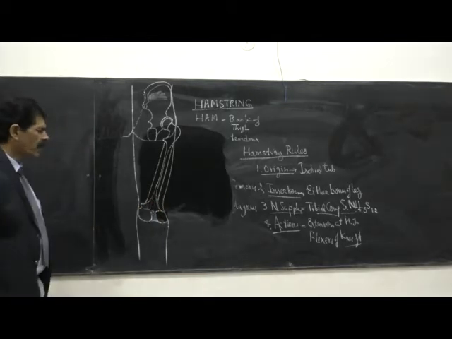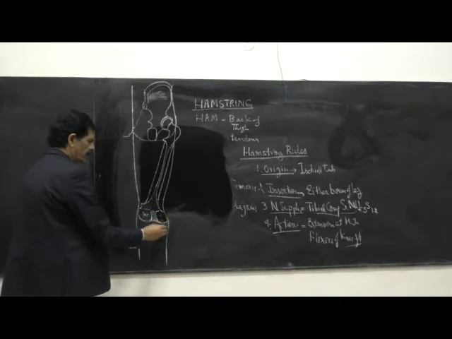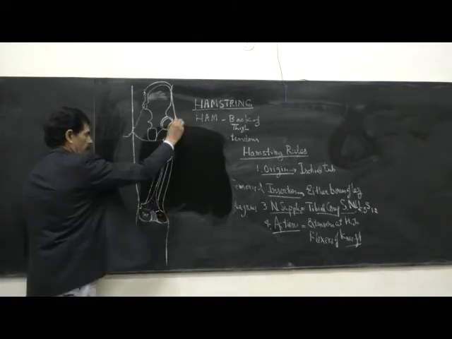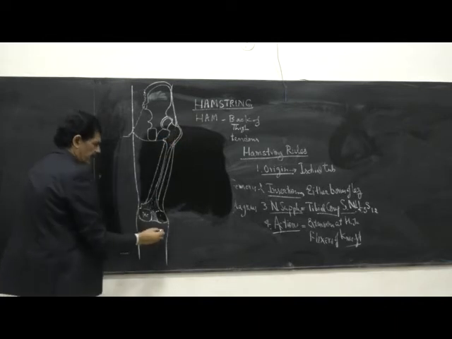Popliteal surface is a triangular surface just above the medial condyle and the lateral condyle. In the knee joint formation, the medial condyle of the tibia and the lateral condyle of the tibia articulate with each other.